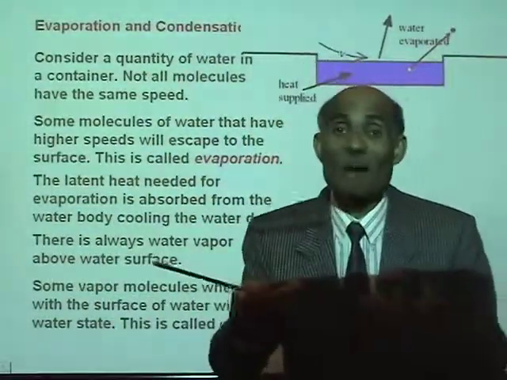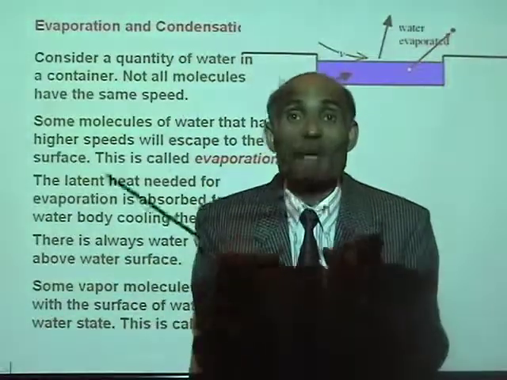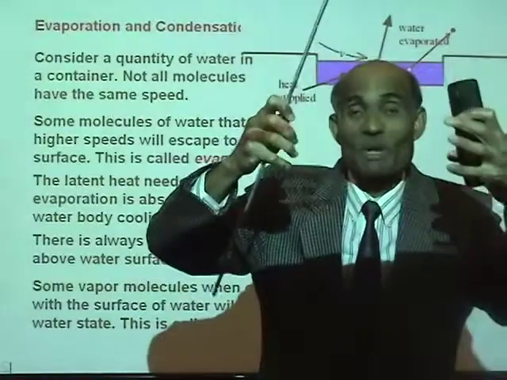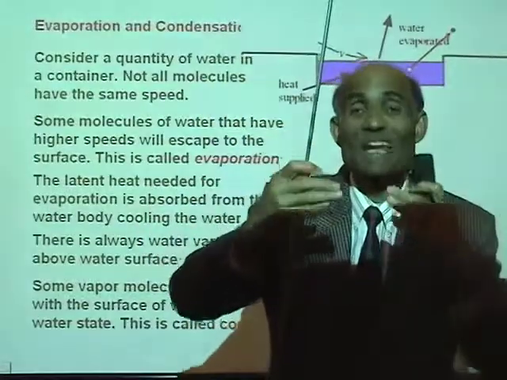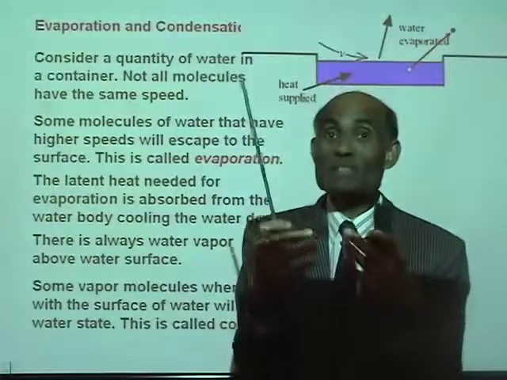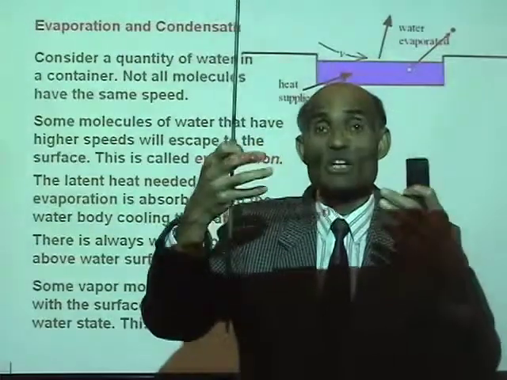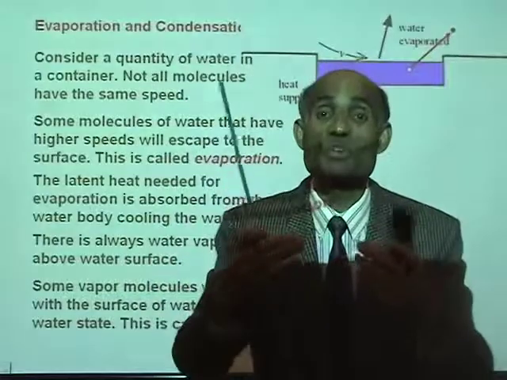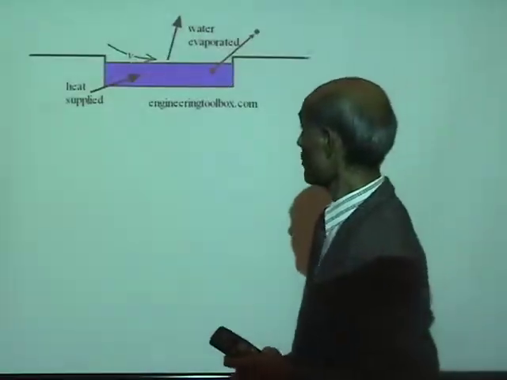While evaporation takes place, heat is absorbed from the liquid body. When condensation takes place, what happens? When a molecule returns to the liquid state, the additional potential energy it has needs to be given off. That means condensation will produce warming.